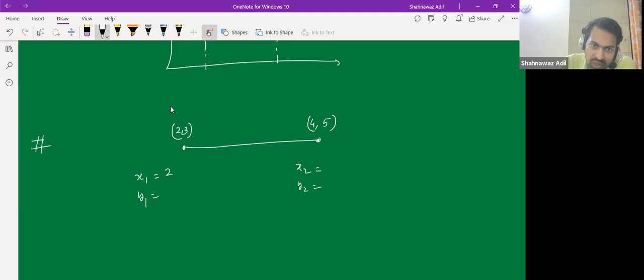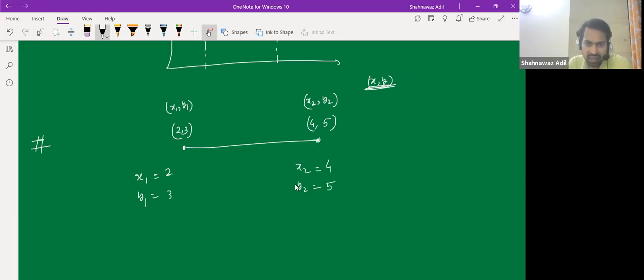So you remember x1 and y1 are together, and x2 and y2 are together, because a point will always contain x and y coordinates. So if this is x1, y1 is 3. And x2 is 4 and y2 is 5.